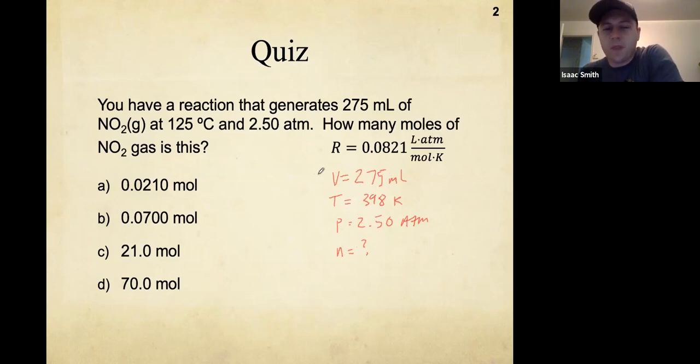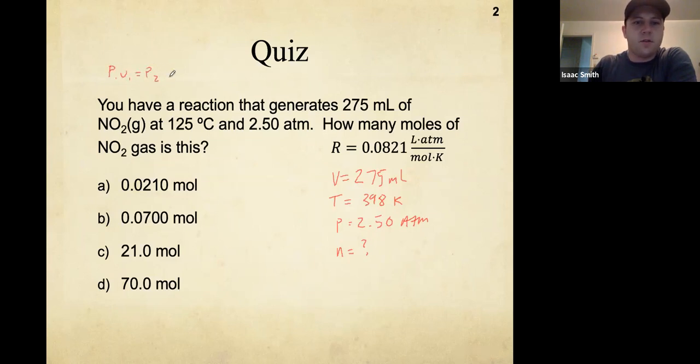For example, in this question, we just have one volume, one temperature, one pressure, and we're asked for a number of moles. If a question gives you two different volumes and two different temperatures, then you know you're going to be using Boyle's law or Charles' law or something like that. In Boyle's law, for example, we have 2 pressures and 2 volumes.